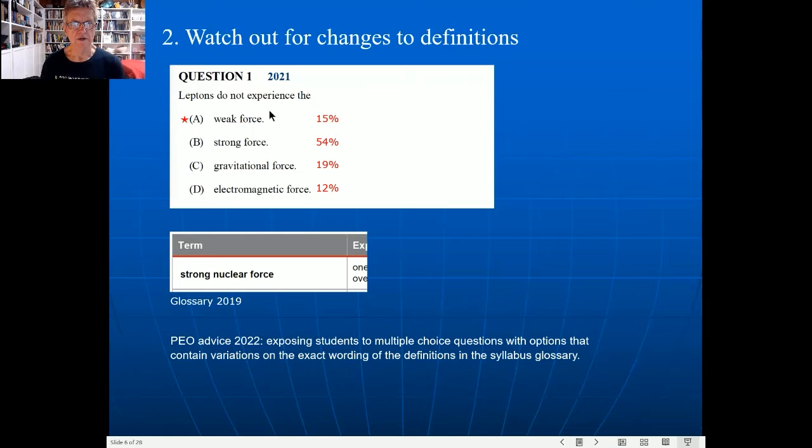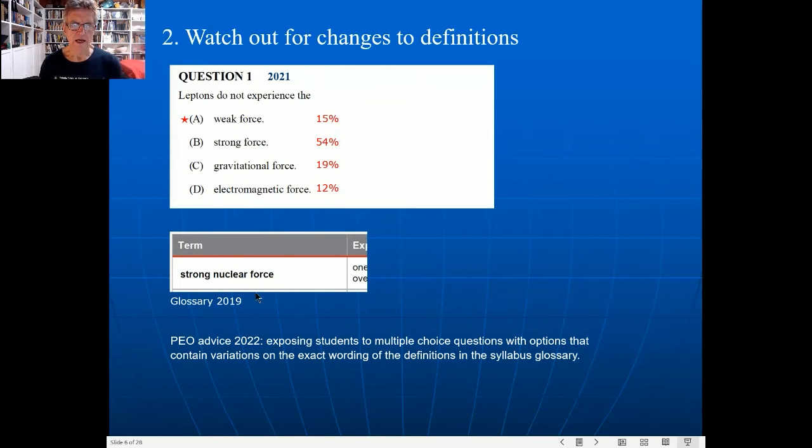Okay, so they are affected by the gravitational force because they have mass. Not all of them are affected by the electromagnetic force, but any of the charged leptons are, so that's a reasonable sort of answer.